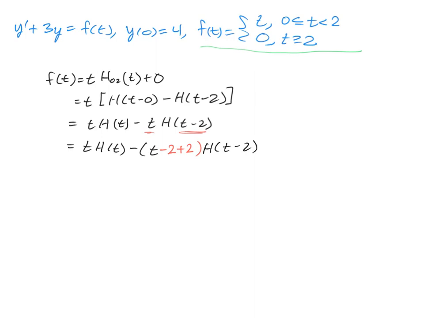Now we break it apart so that the t minus 2 stays intact and the 2 flies off separately. So we have t h of t minus (t minus 2) h of t minus 2, and then minus 2 times the Heaviside at t minus 2.